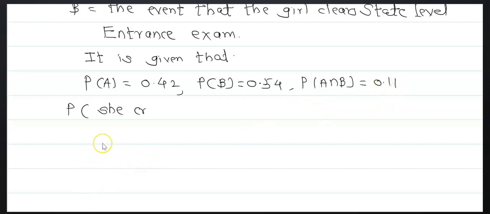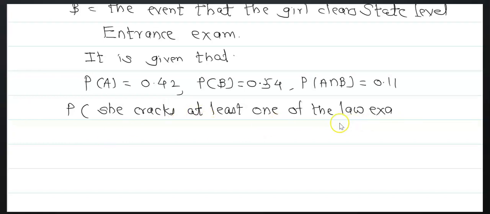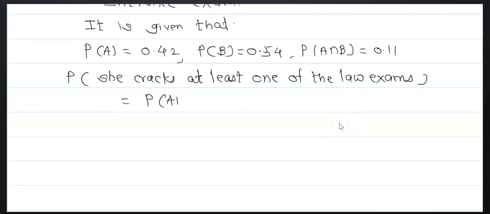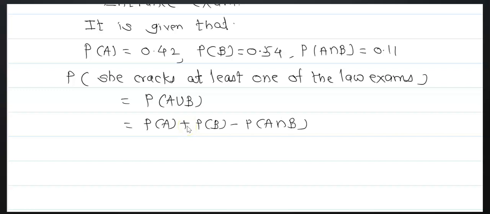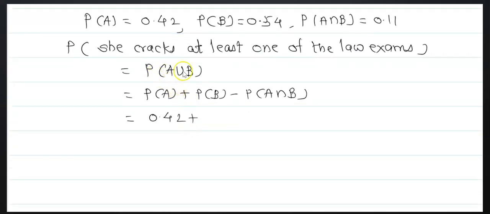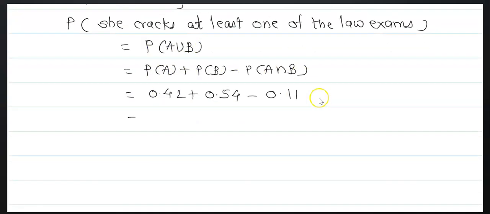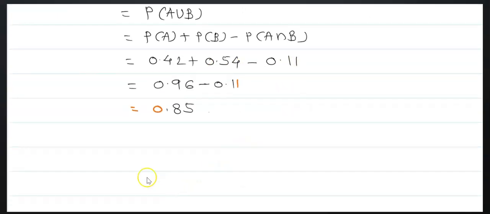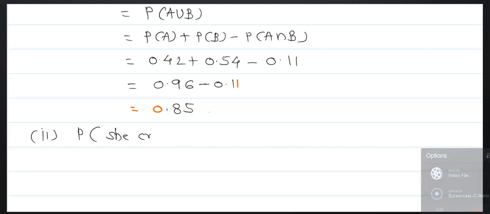Therefore, by using the addition theorem, that is she cracks at least one of the two exams, P of A union B is equal to P of A plus P of B minus P of A intersection B, that is 0.42 plus 0.54 minus 0.11, and that is nothing but 0.85.